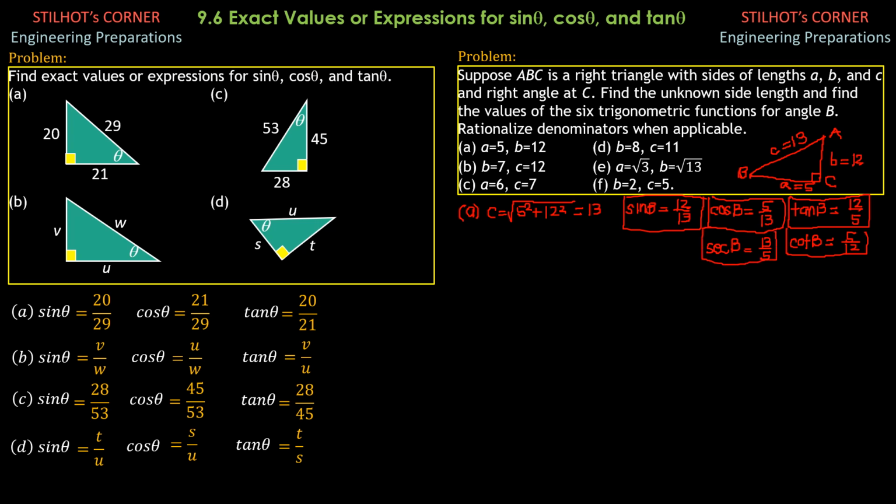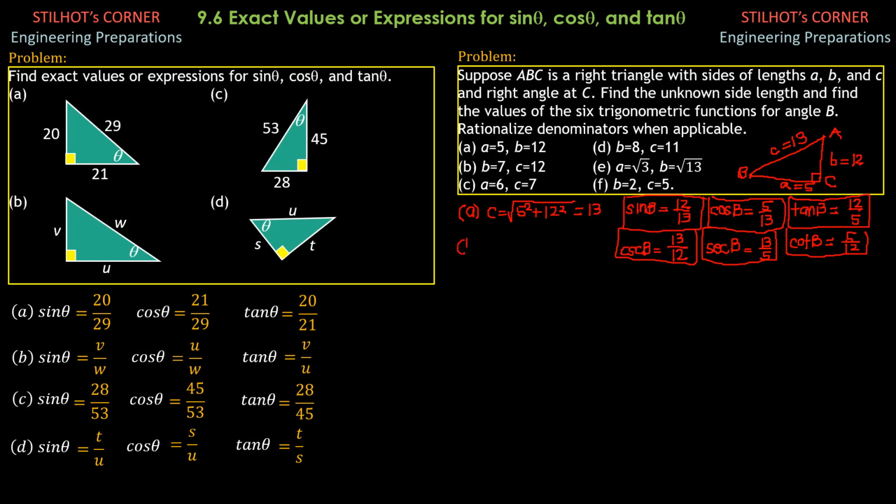And the reciprocal of sine is cosecant of B, and it is hypotenuse 13 divided by opposite of B, which is 12. So that's for part a.